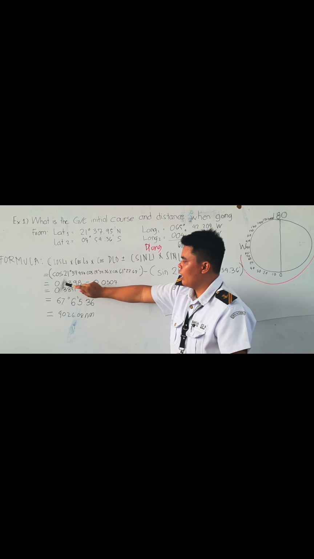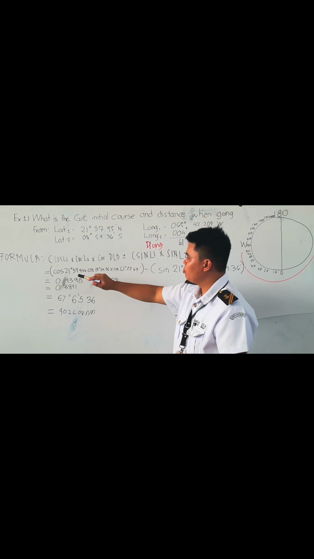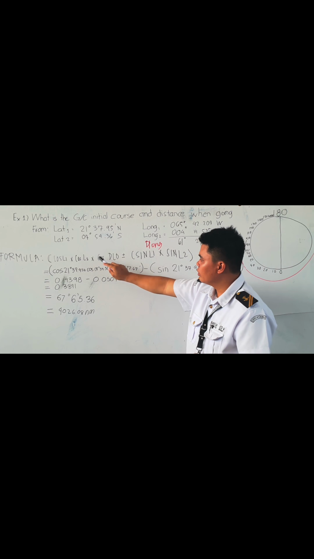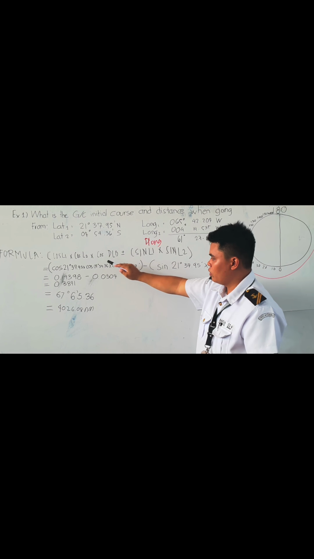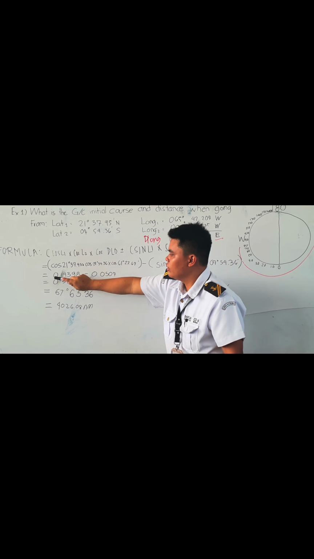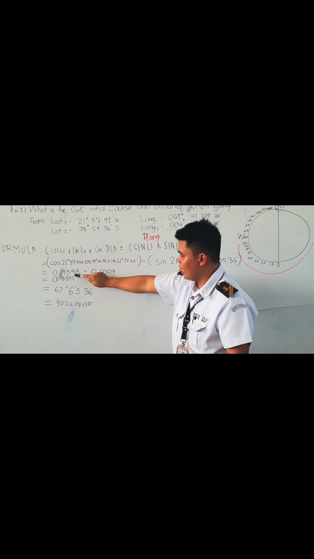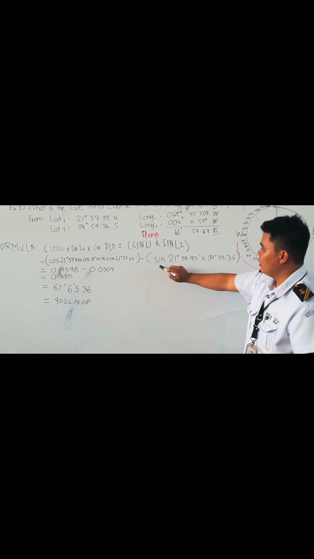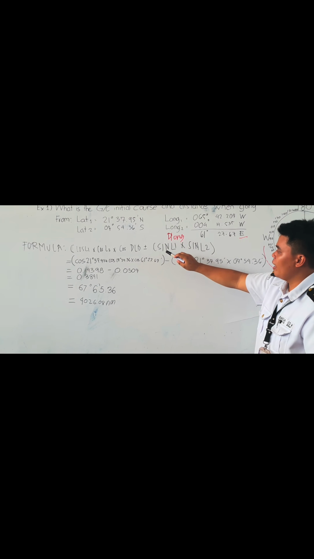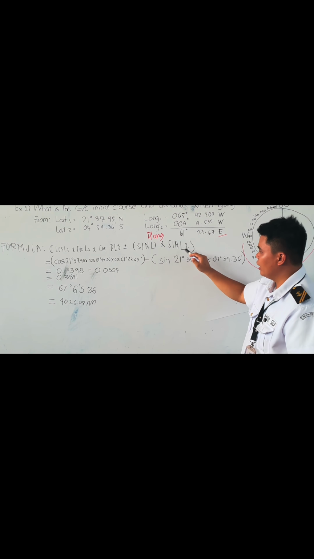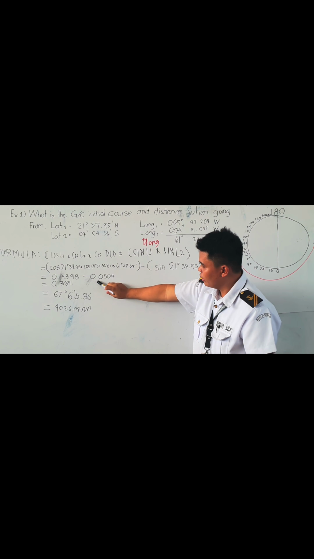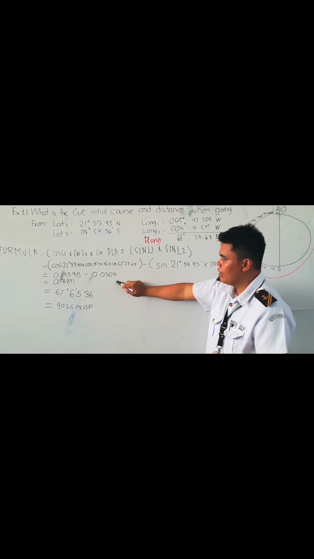To get this answer, we have to multiply cos L1 times cos L2 times D long to get 0.4398. And the second one is we also have to multiply sin L1 times sin L2 to get the product of this, 0.0507.